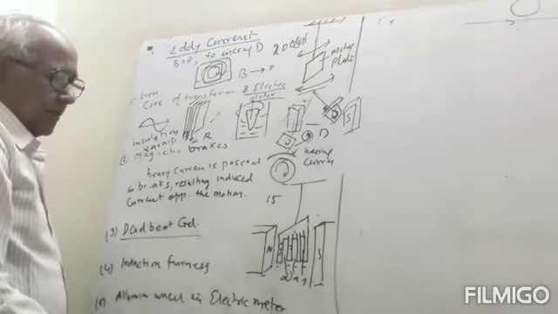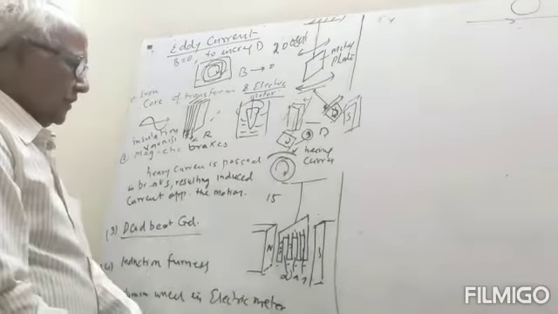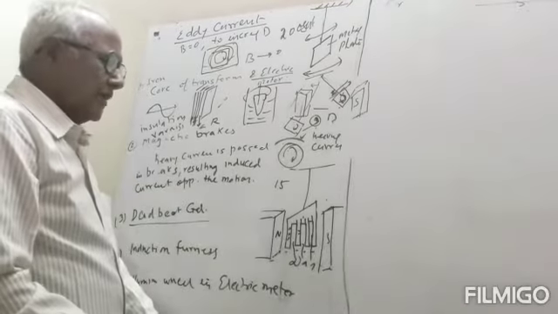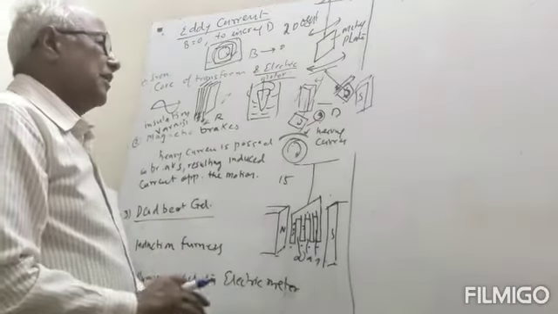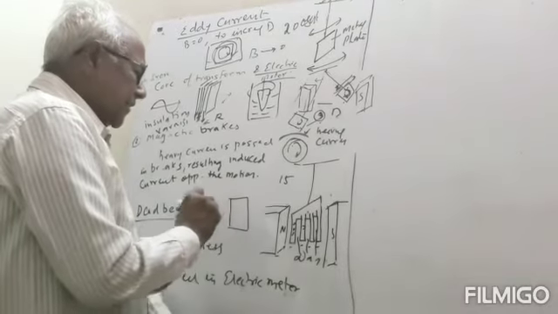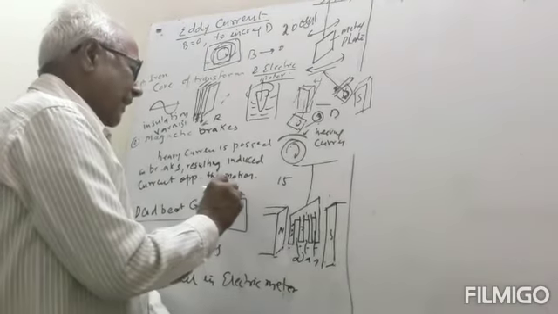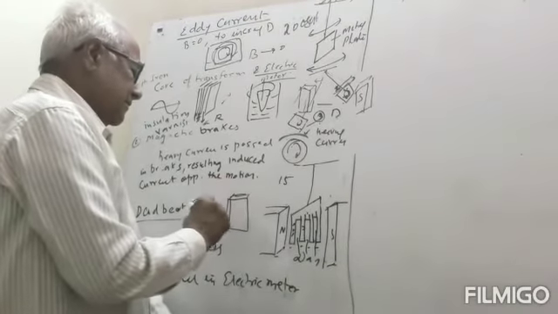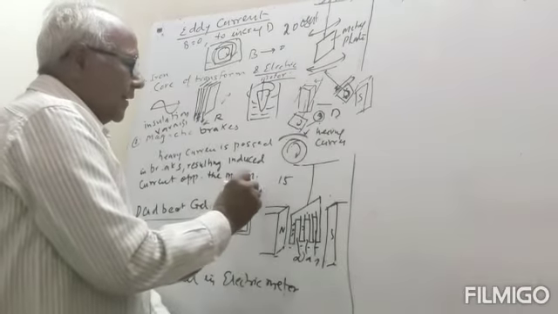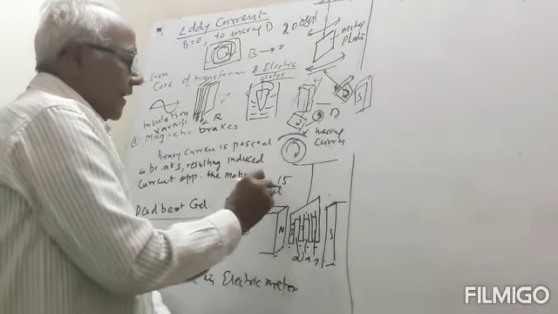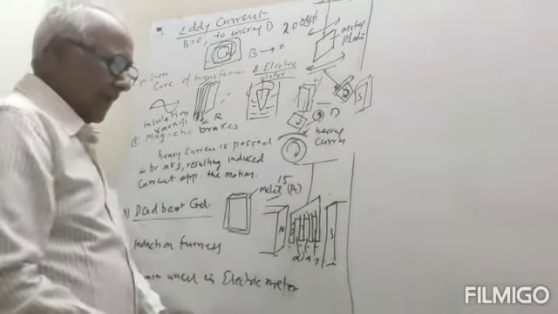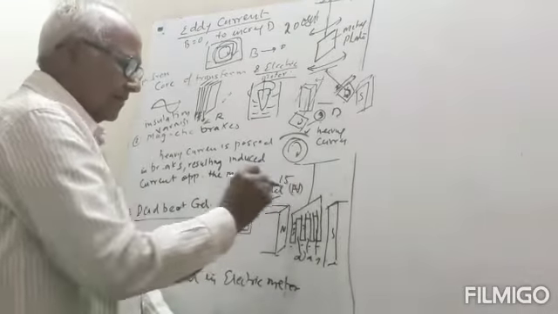Now deadbeat galvanometer. So we use a galvanometer in the laboratory, and those galvanometers give deadbeat results. Now what do you mean by deadbeat result? Now in the galvanometer, this is the coil, and the coil is framed in metal, generally suppose aluminum metal, it is a non-magnetic metal.